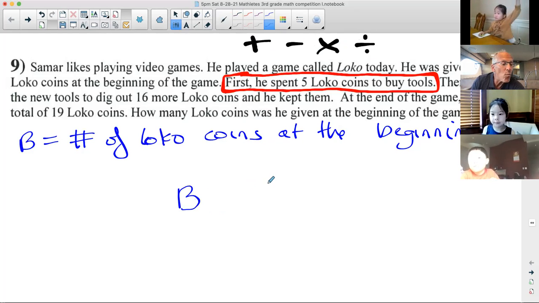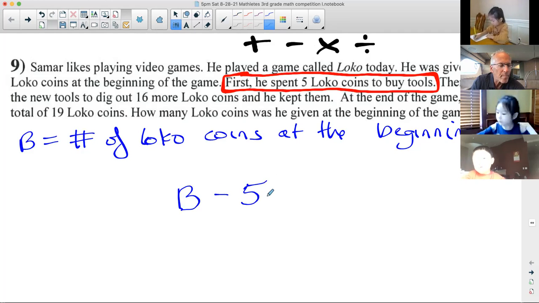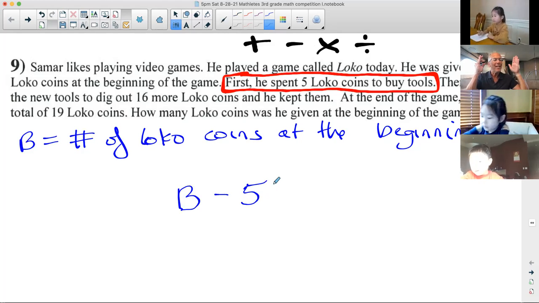Minus. And what do you think, Eleanor? Minus. And Jason? Minus. Yes, we call it minus or subtract. So everybody write down B minus 5. I don't know how many coins he had, but I would say he had B coins.